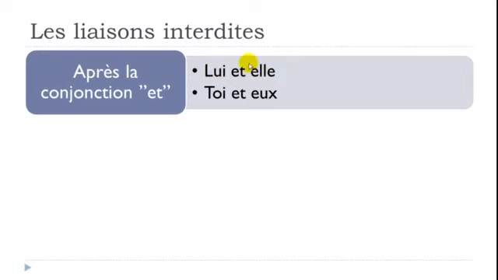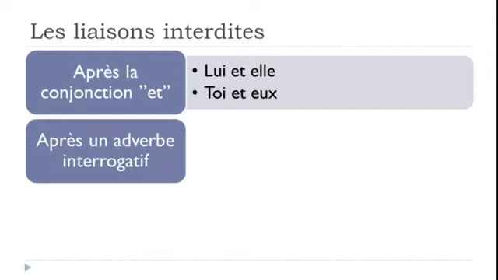No, no, no. Nothing here. Lui et elle. Okay, and it will be exactly the same thing in this example here. Toi et eux. Alright, so no liaison, even if it's a bit tempting, because it would be possible, but then no, no, no. So when you get this et, remember, no liaison after.